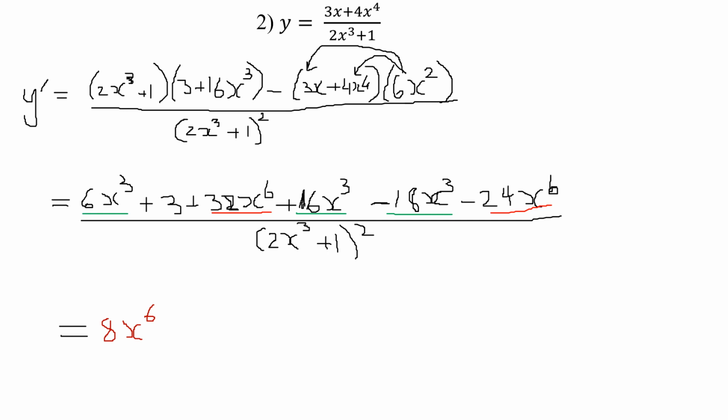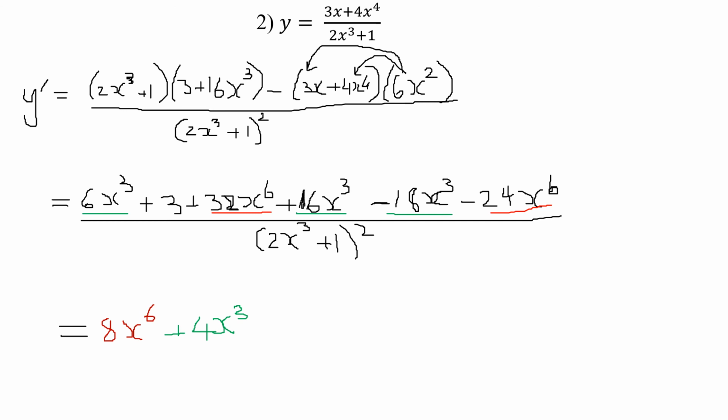So we could simplify that. So that is, let's see, 6 plus 16, that will be 22. And then 22 minus 18, that should give me positive 4x cubed. So that takes care of all the cubes.